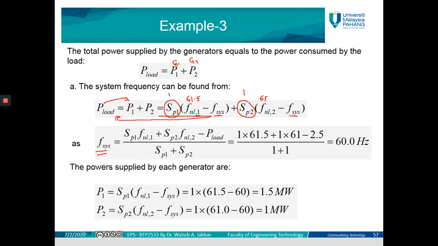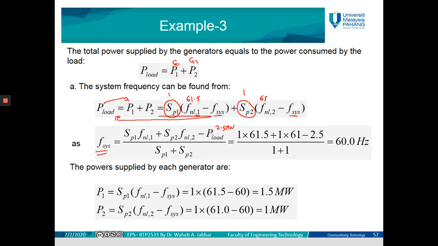So we just substitute the value of the slope, the no load frequency for generator 1, the slope for generator 2, the no load frequency of generator 2, and the value of the load, which is 2.5 megawatt. Since our slope is in megawatt per hertz, just leave it in megawatt.